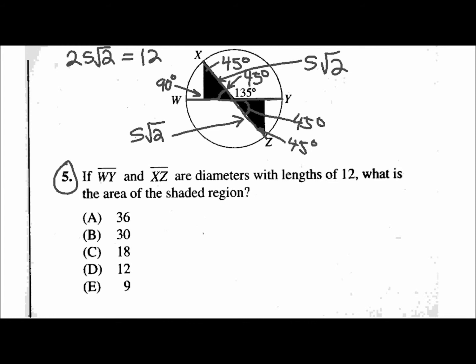We then divide each side by 2, this side by 2, this side by 2, so these will cancel out, and S times the square root of 2 equals 6. And to get S by itself, we divide by the square root of 2. We know that S equals 6 over the square root of 2.